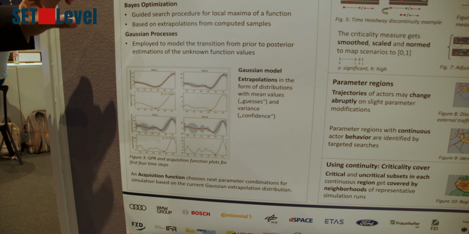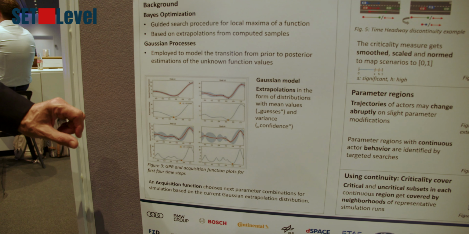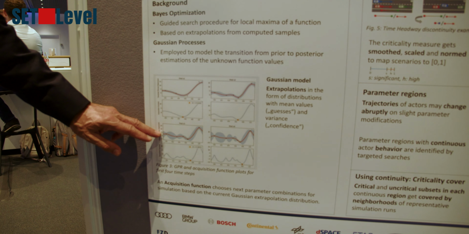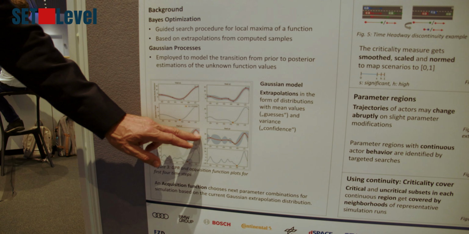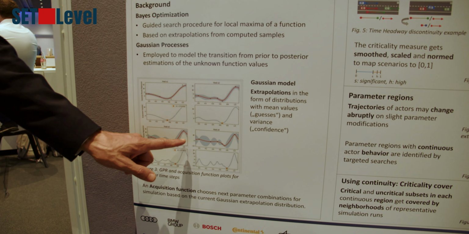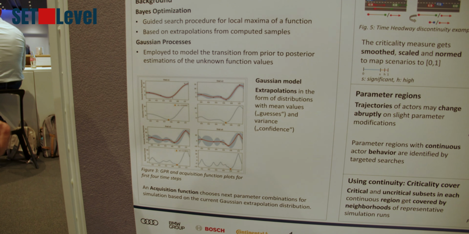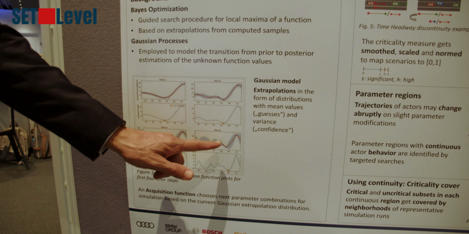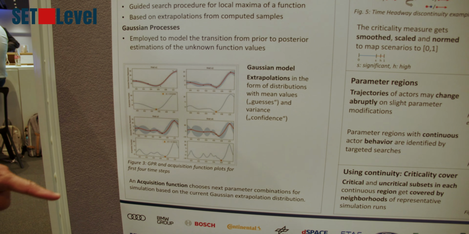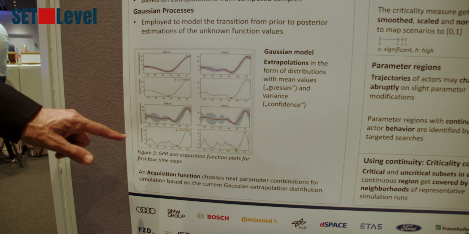We extrapolate the results, and we see here the red extrapolation function with a confidence corridor around it. And the more points we have already simulated, the better the extrapolation gets, of course.